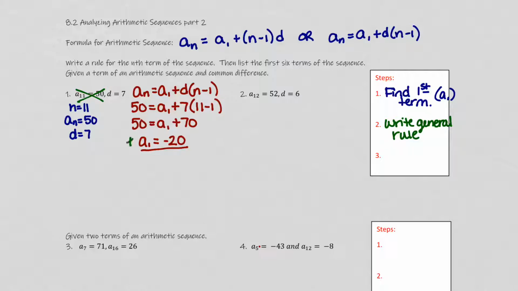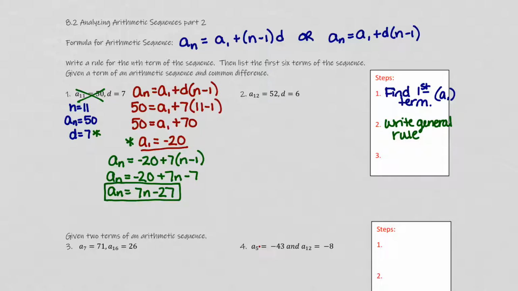We know our A1 and we know our D, and we're going to use those and only those to find the equation for any term in the sequence. So AN is going to equal A1 plus D times N minus 1. We distribute the D, the 7, so I get negative 20 plus 7N minus 7. I combine like terms, and I get 7N minus 27. Okay, so that is the rule.